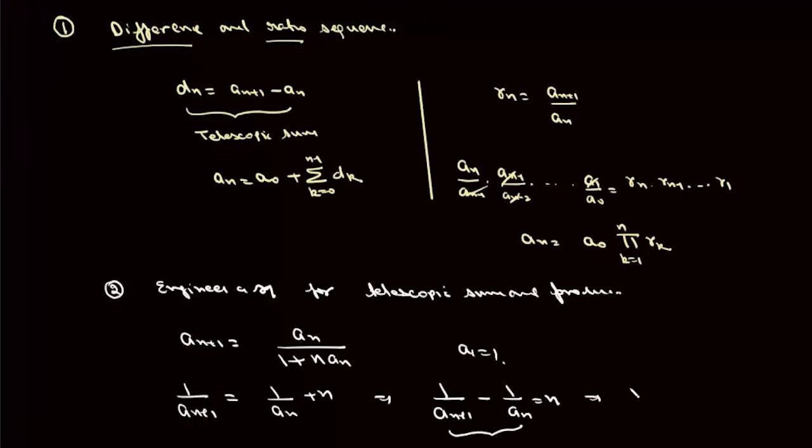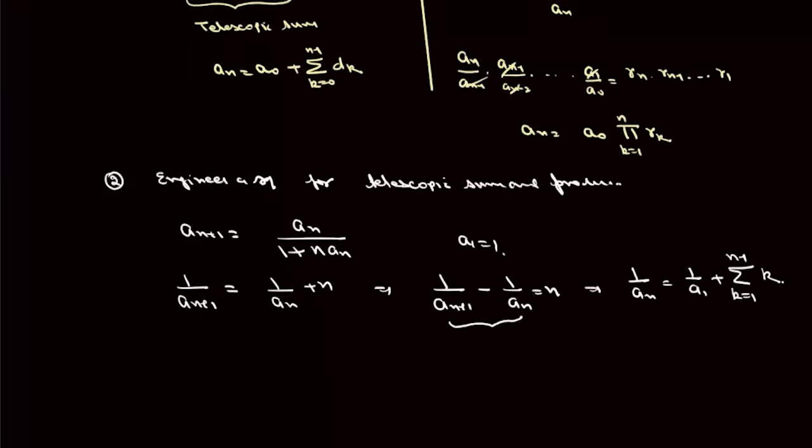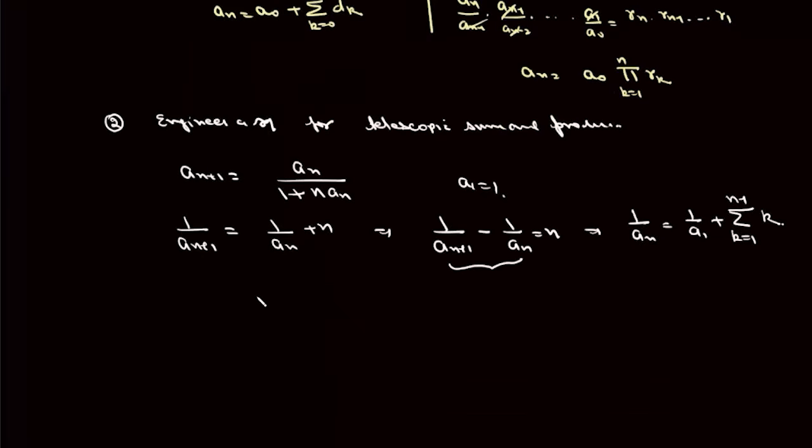So we'll get 1 upon a_n as 1 upon a_1 plus this summation k varies from 1 to n minus 1 of k. Now a_1 is 1, so it'll be 1 plus n minus 1 times n by 2, or a_n will be simply 2 upon n square minus n plus 2.